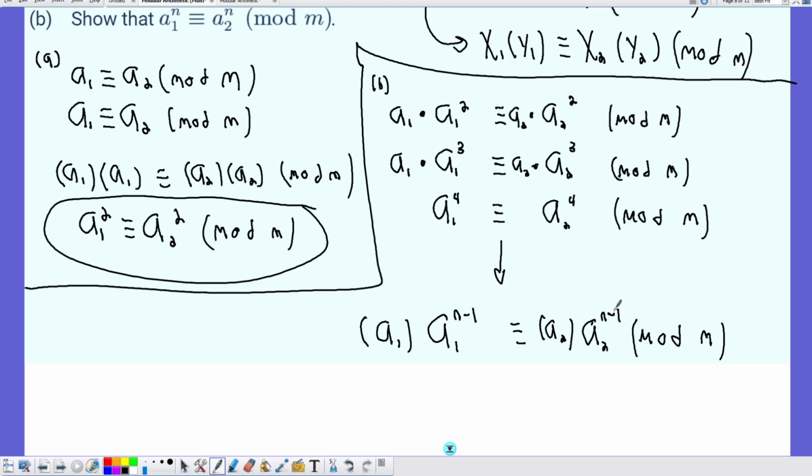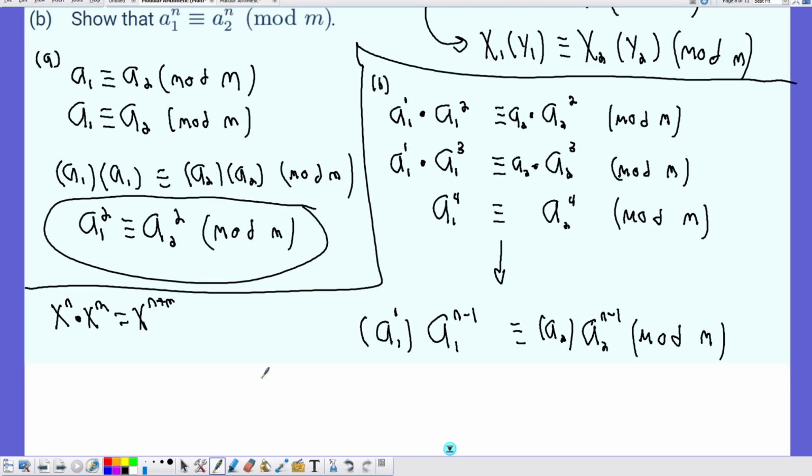Now, if we don't know exponent rules, if you have x to the nth power times x to the mth power, that's always just x to the n plus m. That's what we've been doing this whole time. Like, this is to the first power. So first power plus second power gives us the third power. First power plus third power gives us the fourth power, and so on and so on.